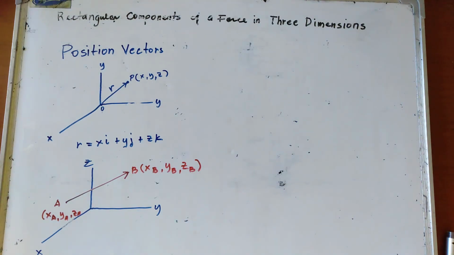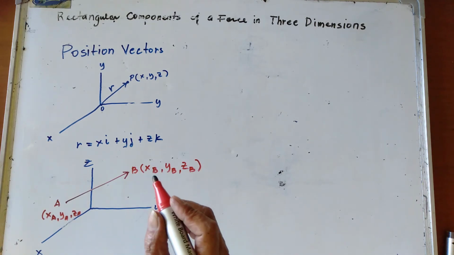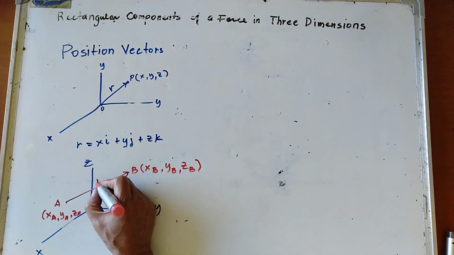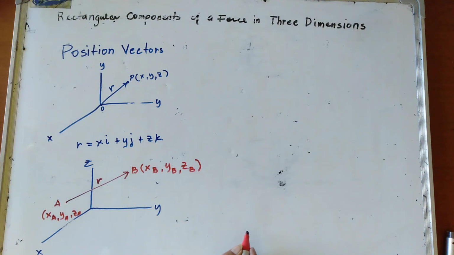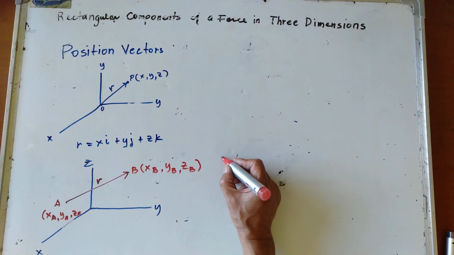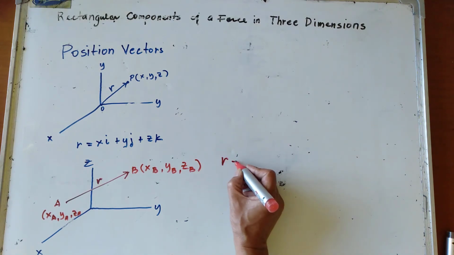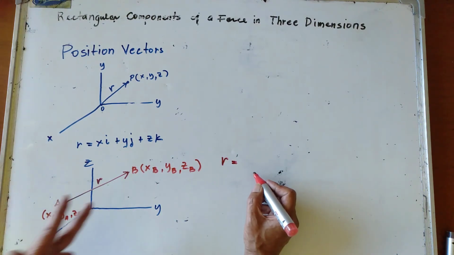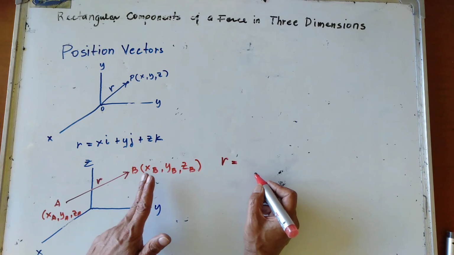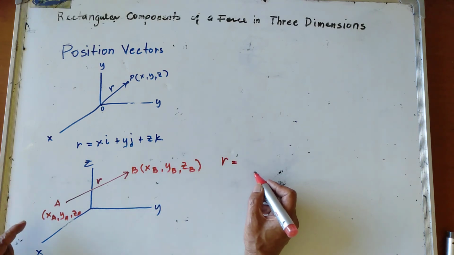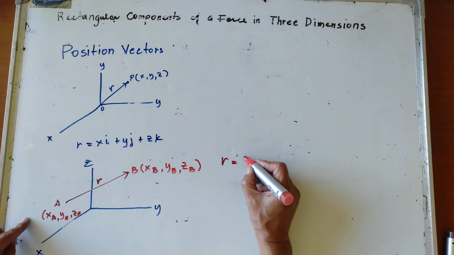So the position vector R is equal to the tip of the vector minus the tail of the vector.